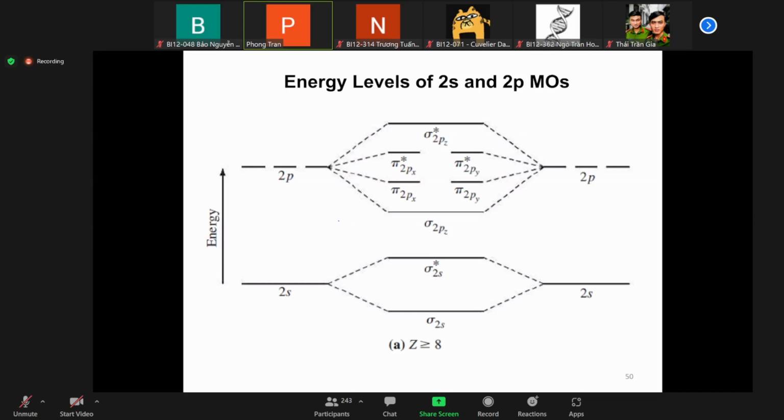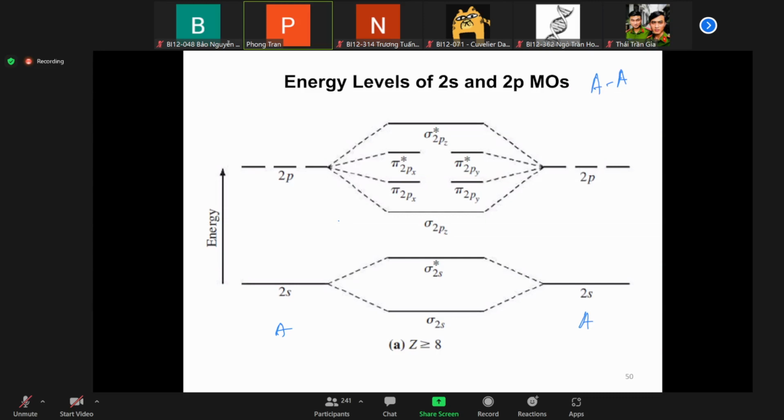You see there's one orbital s of each of two atoms, let's consider molecule A2. So one s of A and one s of A give you two molecular orbitals, one s bonding and one s anti-bonding.